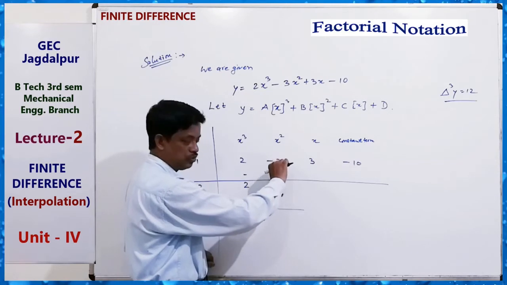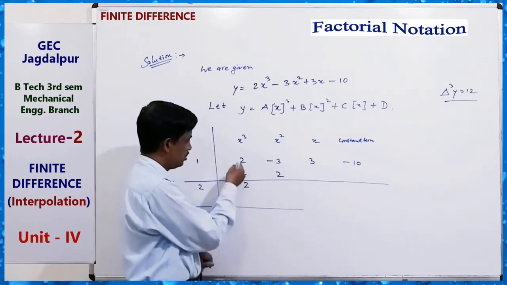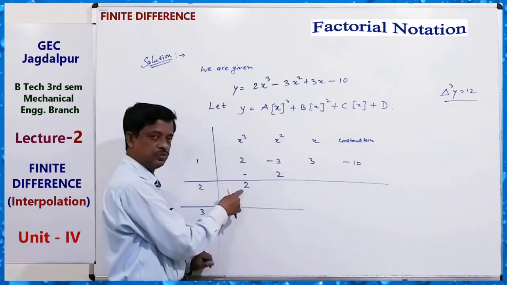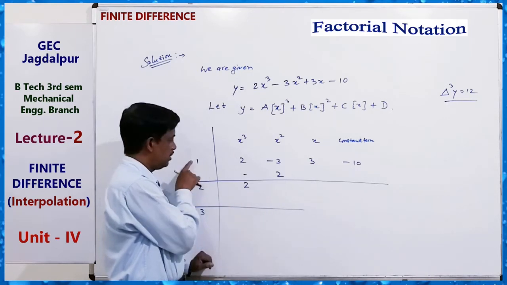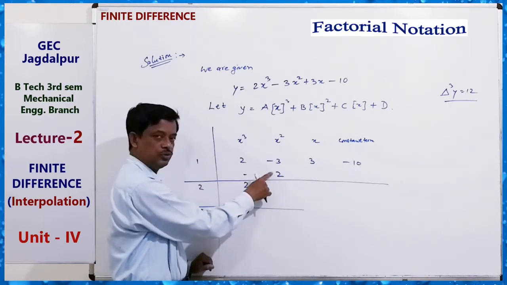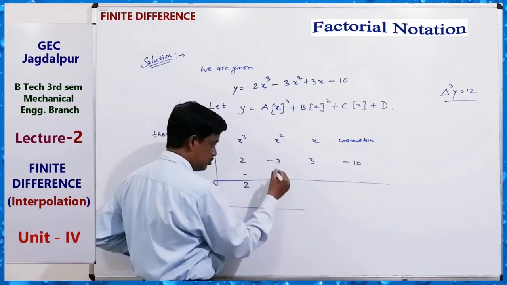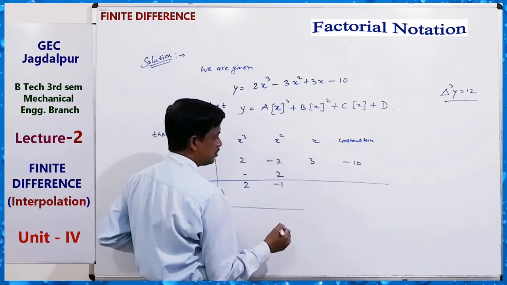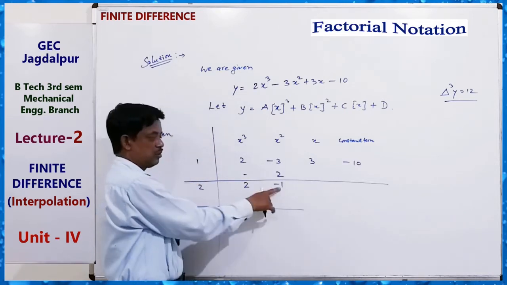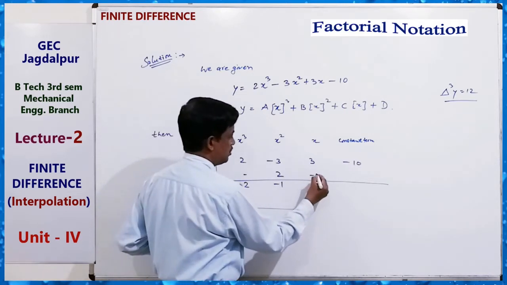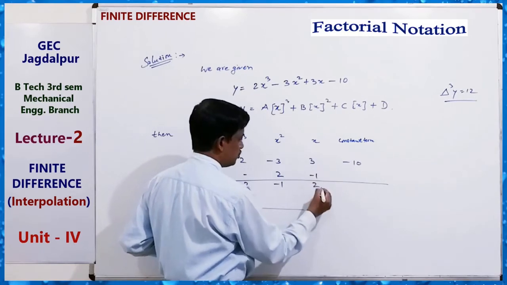Add this 2. Carry over this 2. And 1 into 2 is 2. Minus 3 plus 2 gives minus 1. Now 1 into minus 1 is minus 1. Now add this to 2.